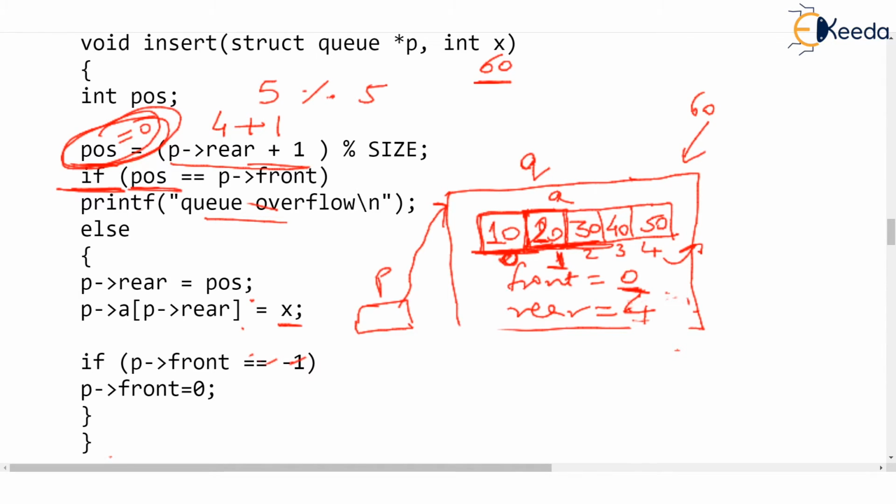If position of insertion is same as position of front, watch this. What is position of insertion? 0. And what is position of front? 0. Please check front in the box over there. Front is 0. So we are trying to insert the new value at place 0, but front is standing at place 0. Come on, this is overflow, isn't it?